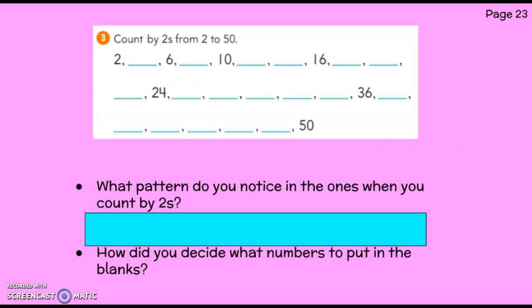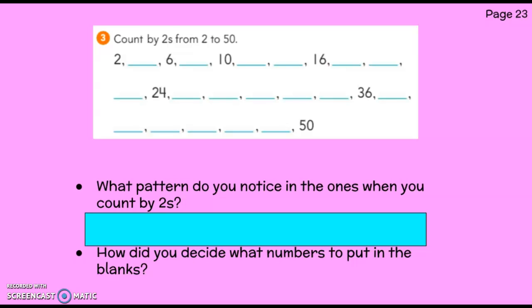So now you can write the numbers and they give you some, so you have to fill in the missing ones. So you're counting by twos twice on this page, but sometimes there are some missing numbers. What pattern do you notice in the ones place when you count by twos?